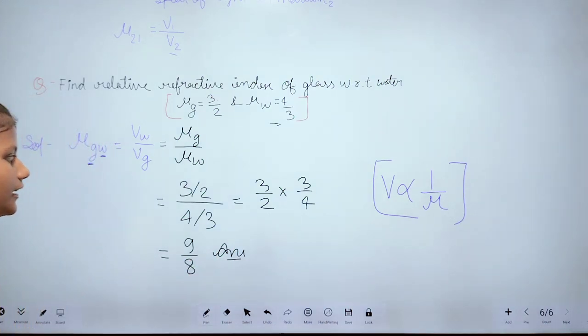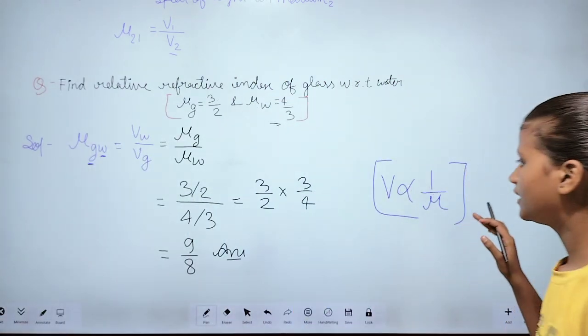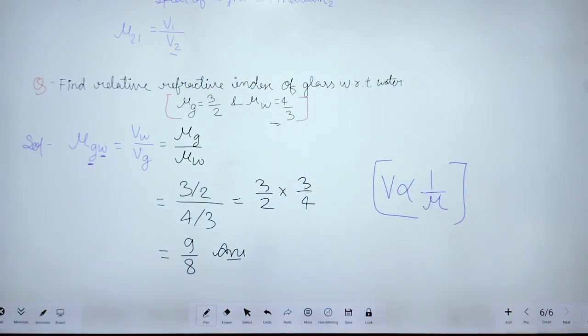This one is our answer. So I hope you understand this question, that V is inversely proportional to mu.